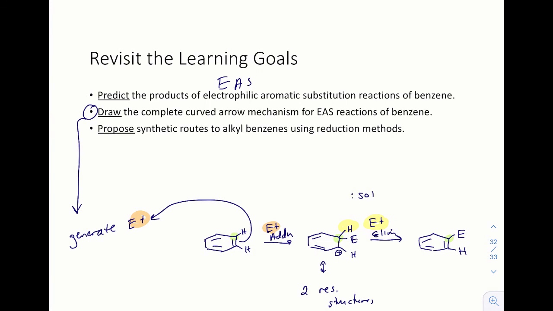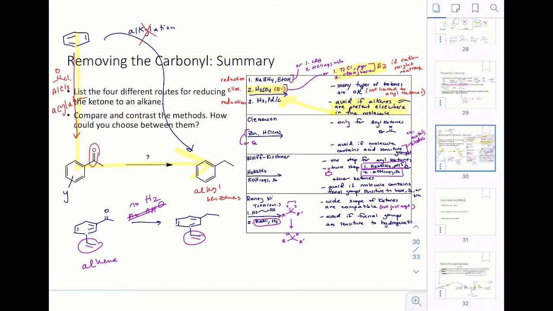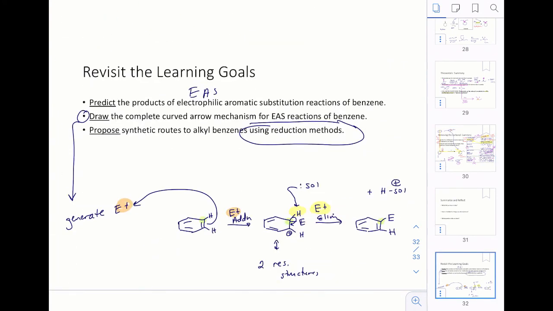And I know it's a bit awkward that the solvent accepts the proton, but it does, so we can handle it. All right, and finally, propose synthetic routes to alkyl benzene using reduction methods. These are those four reduction methods that we discussed at the end of this video. And all you need to do now is practice. All right, let me know if you have any questions.